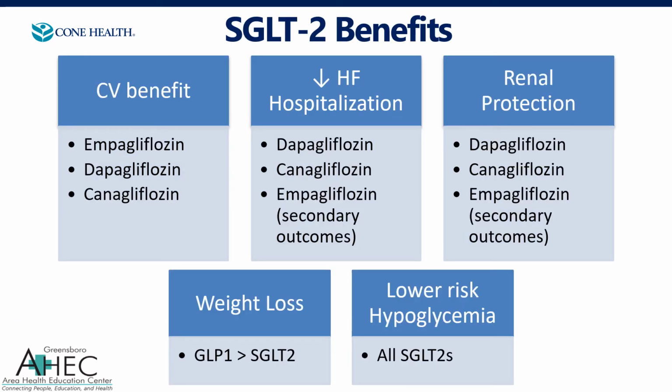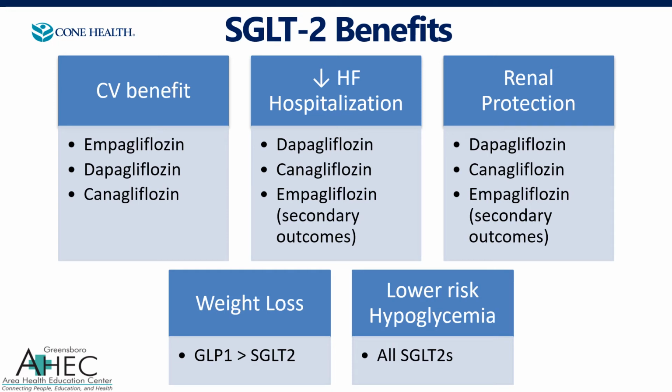SGLT2s have evidence in different categories. As I mentioned before, there are different indications, so it's important to know which particular agents, as not all of them have the same evidence. For cardiovascular benefit, per the guidelines, they recommend the drugs that have cardiovascular benefit in clinical trials, which includes empagliflozin, dapagliflozin, and canagliflozin.